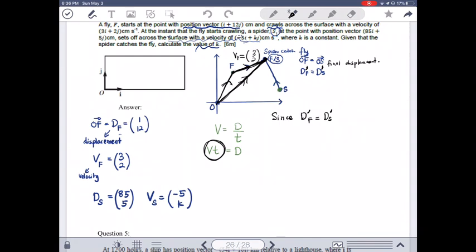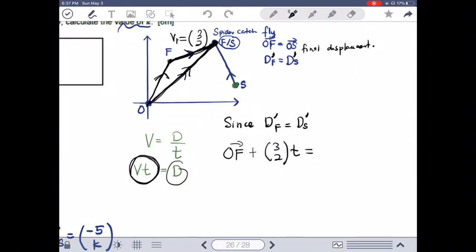But we need displacement. In terms of displacement, we need vector OF plus the velocity, 3, 2, times the time. So we get it in terms of displacement, right? Here, in terms of displacement.